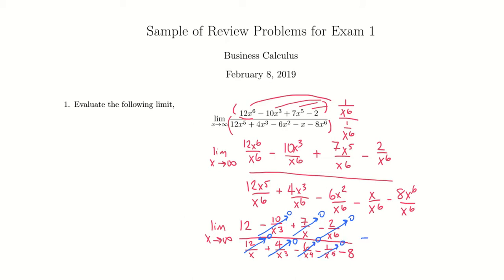And what remains then, when we evaluate the limit at infinity, is 12 in the numerator over negative 8. So only those constant terms remain. 12 over negative 8 reduces to negative 3 over 2. So that is the final answer for this limit.